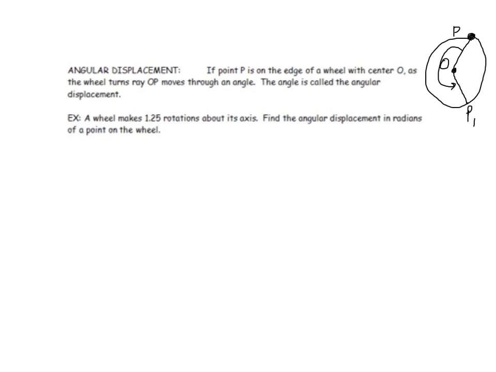So it says a wheel makes 1.25 rotations about the axis. Find the angular displacement in radians of a point on the wheel. There are a couple of different ways to do this, but for 1.25 rotations, we're still talking about radians always. One rotation would be 2 pi. So that's one way to do it.